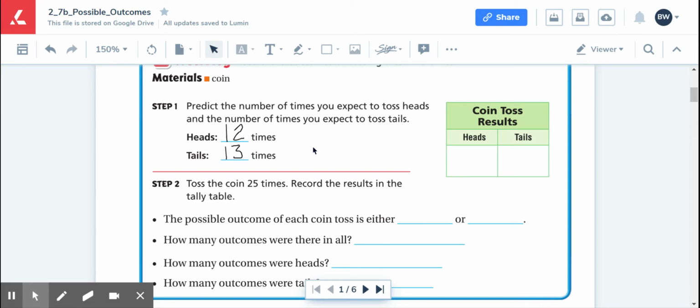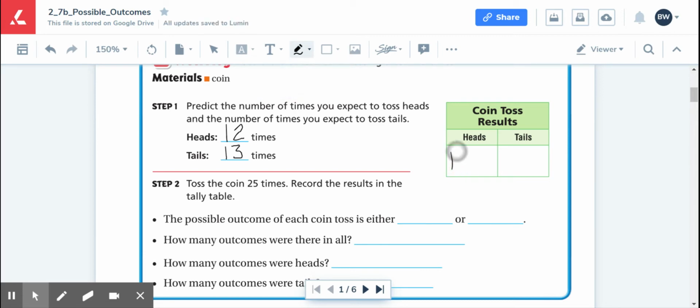So I had to record my results. I'm going to put the results that I recorded here in our tally table. Remember, we did tallies last week with graphs. I actually got heads 15 times.